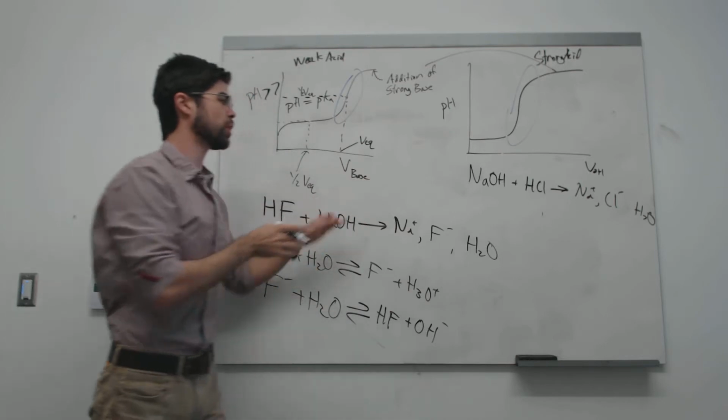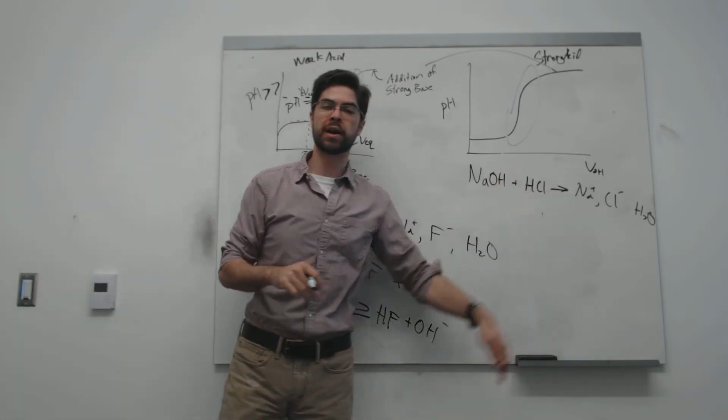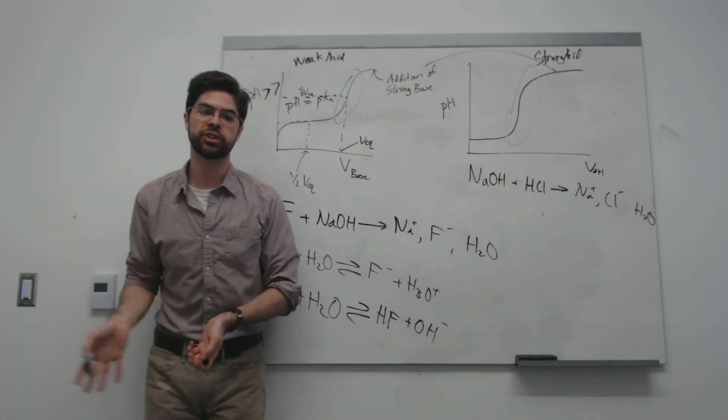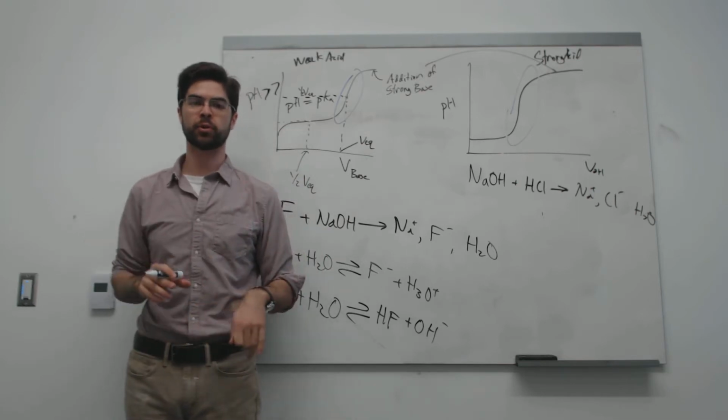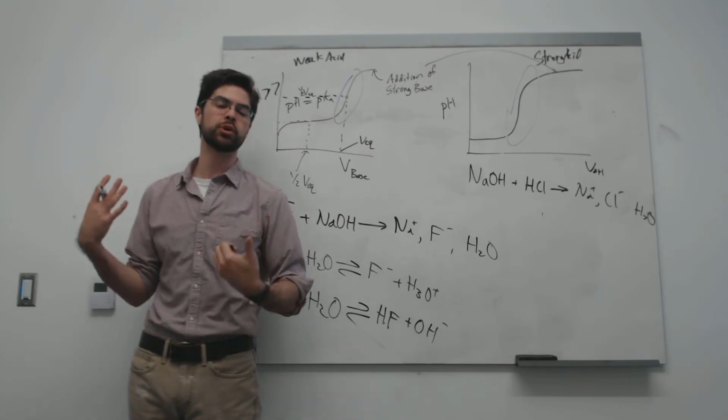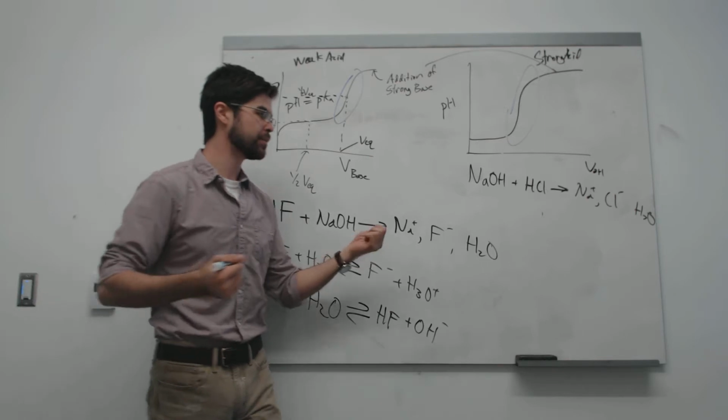The idea is that you are adding sodium hydroxide. You've neutralized this solution, and now you're just adding a bunch more sodium hydroxide. I'm going to make up some numbers here.